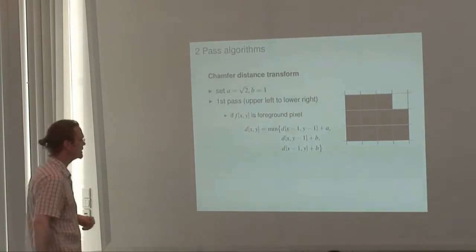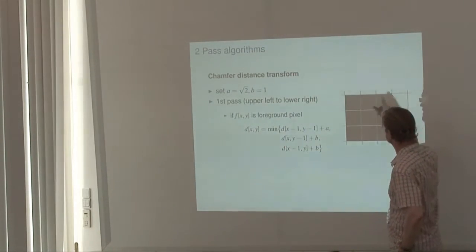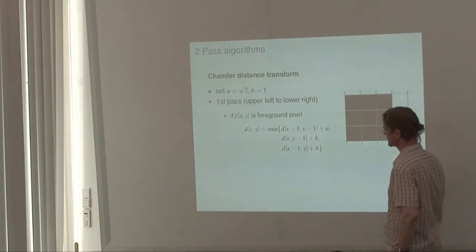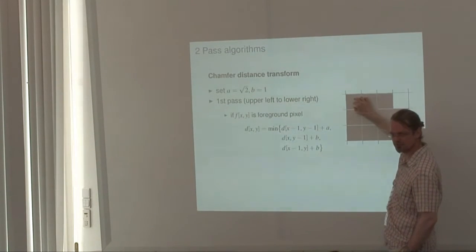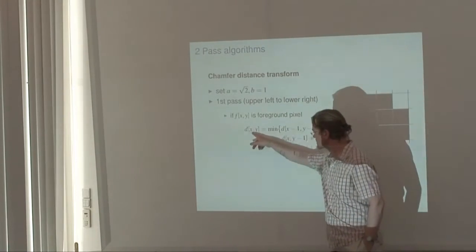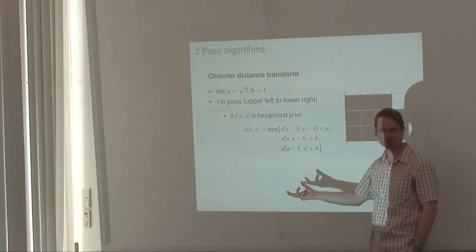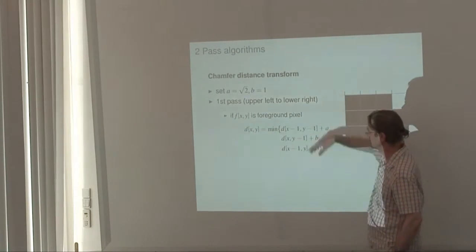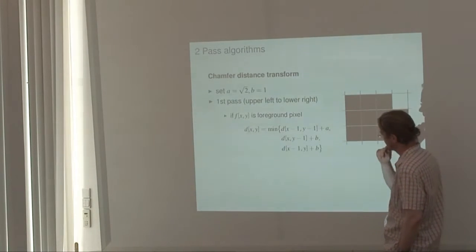And now what we do is we iterate from the upper left to the lower right. If the pixel we are currently examining is a foreground pixel, as this one, we compute the corresponding value for the distance image, which has been initialized to 0. I have not made this explicit here, but it has been initialized to 0.